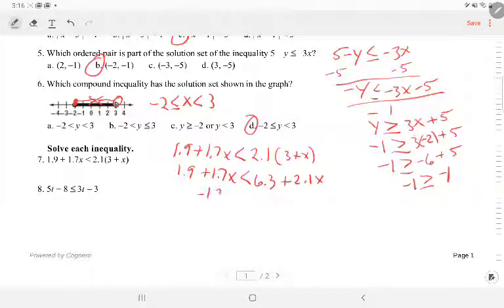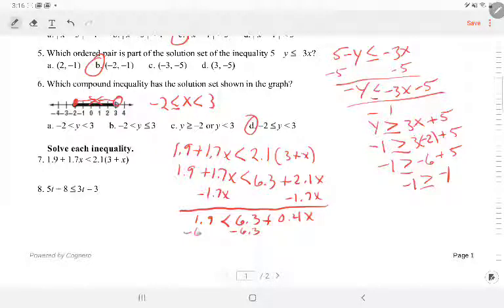Then I would subtract 1.7x from both sides, and that's going to give me 1.9 is less than 6.3 plus 0.4x. I then would subtract 6.3 from both sides, and I'm going to get negative 4.4, I believe, and this is going to be less than 0.4x.